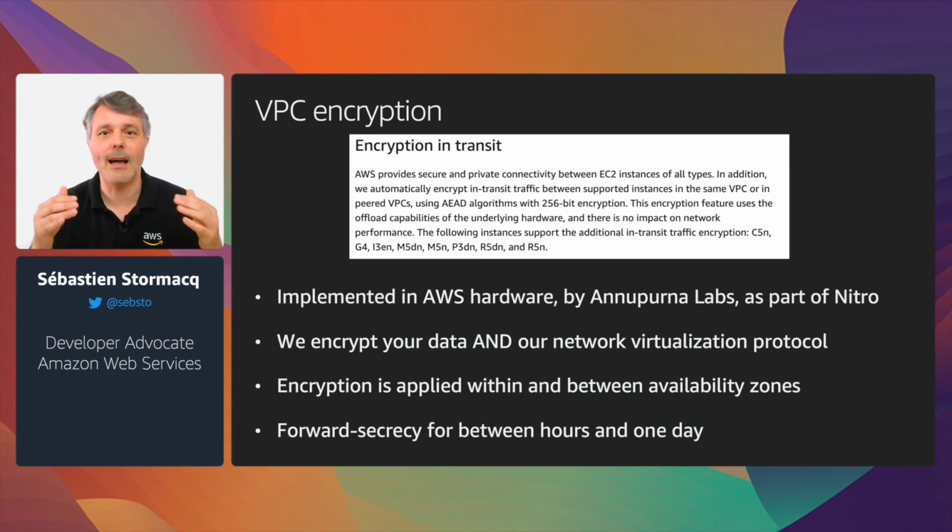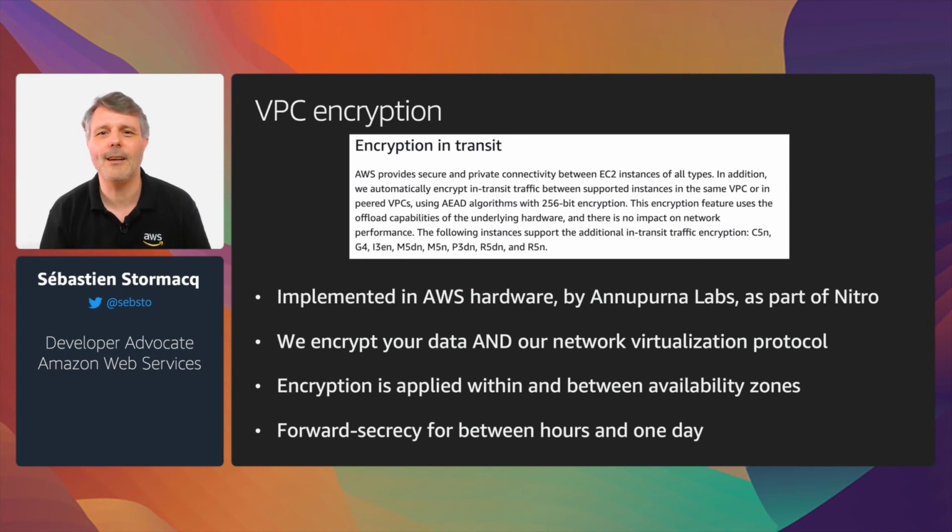You have the list as of today on this slide, C5N, G4. I will not read the entire list, but you get the idea. It's important to understand that we encrypt both your data, so your application payload, but also our network virtualization protocol.